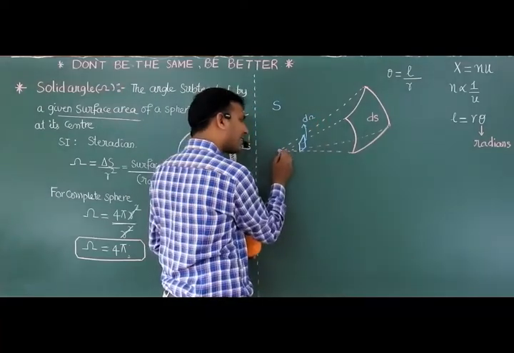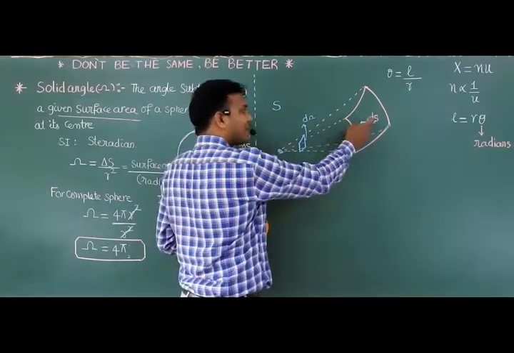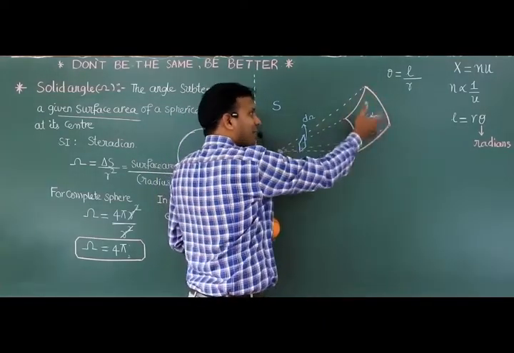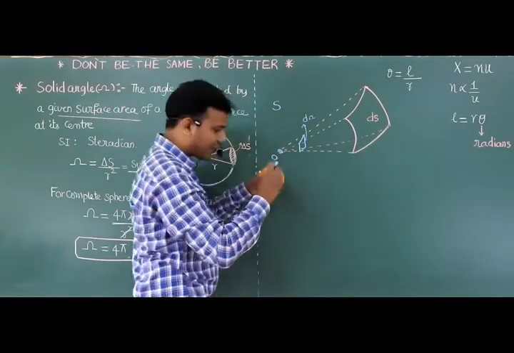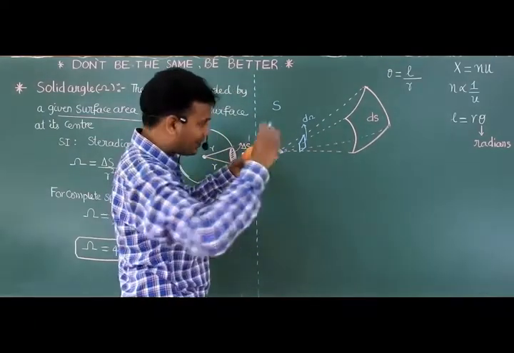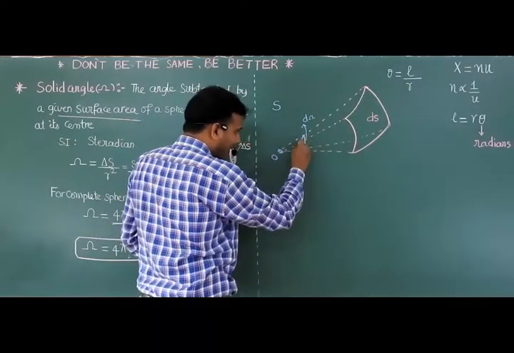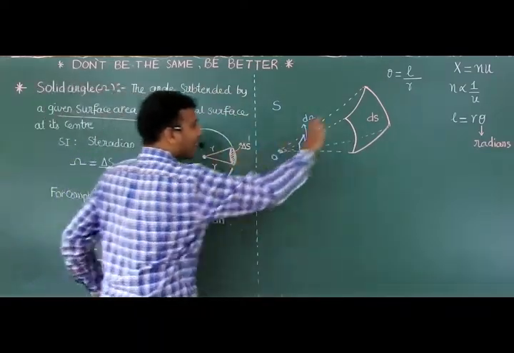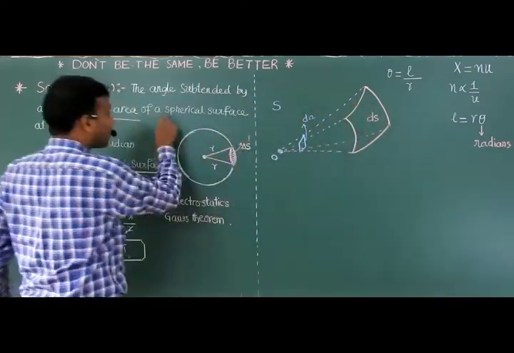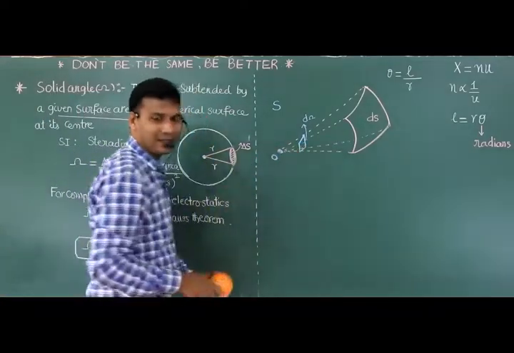It is the center of the sphere, and this is the given surface area of the spherical surface. The angle subtended by this given surface area at its center is known as d omega.